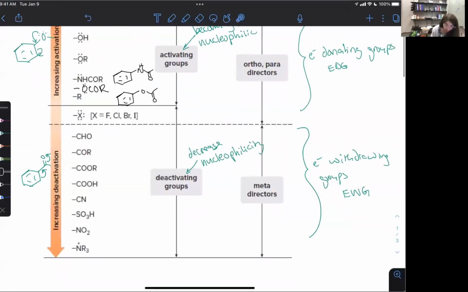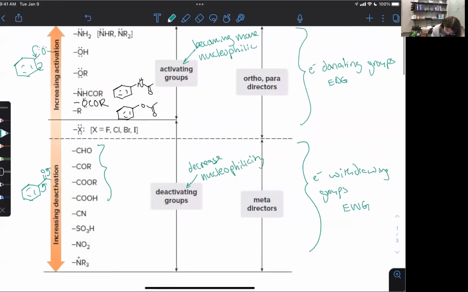If we look at the trend here, these are all carbonyls. They are all carbonyl carbons that are attached to the benzene ring.